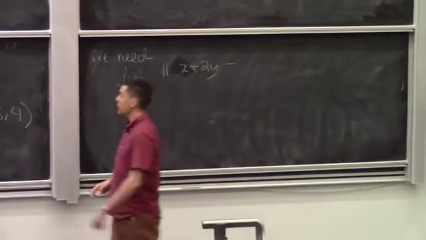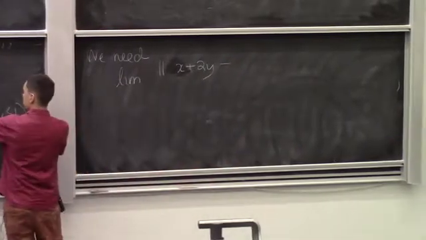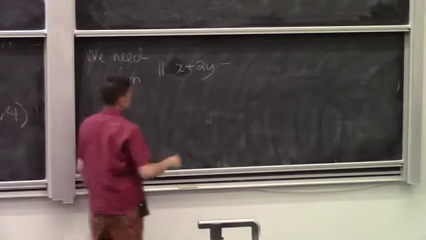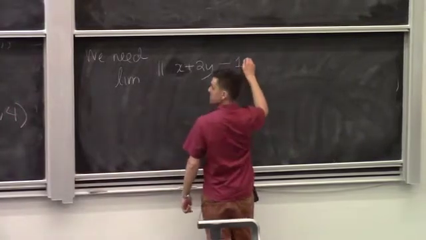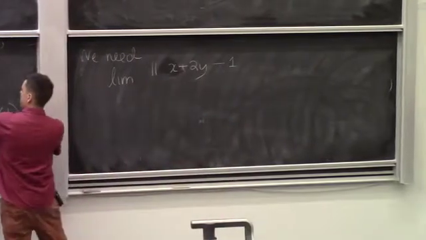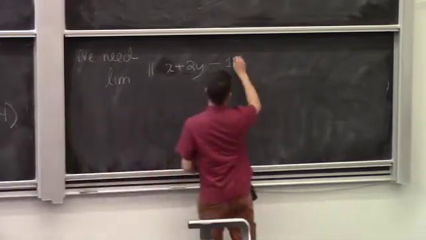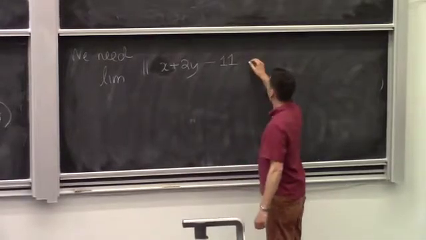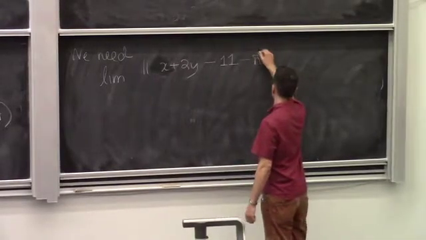Okay, we plug in our points here. So 3 plus 8 is 11. Minus.